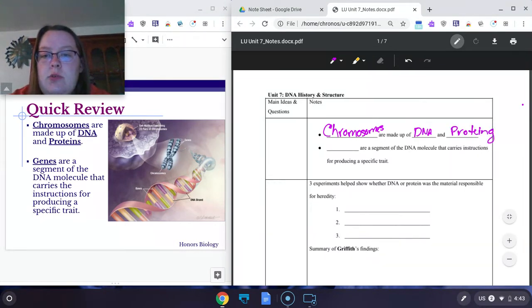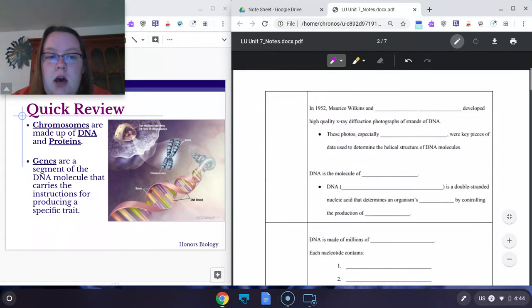On our chromosomes are small segments called genes, and genes are segments of the DNA that code for a specific trait in our bodies.